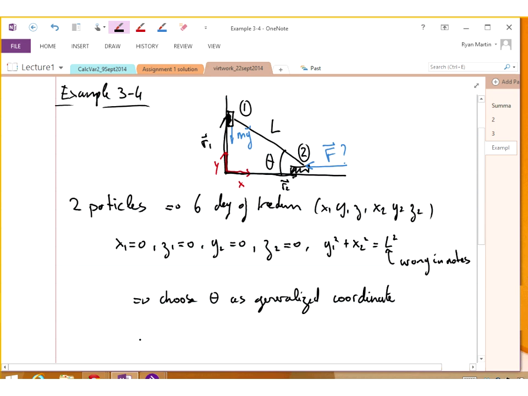So the vector R1 is L sin θ y hat. And the vector R2 is L cos θ x hat.